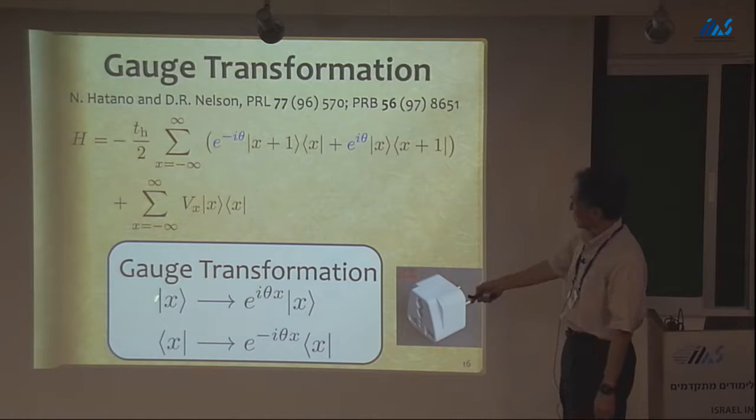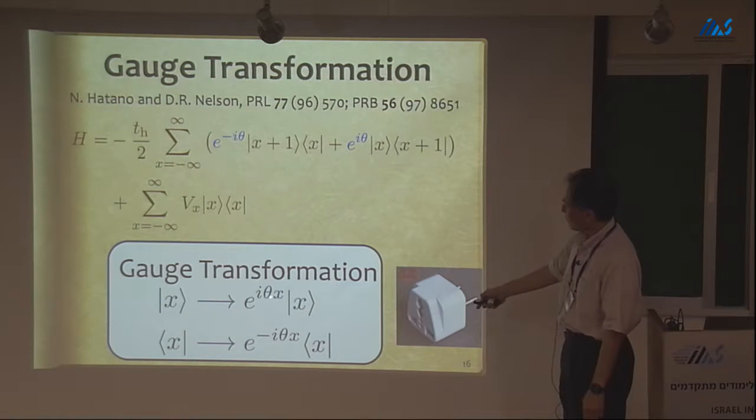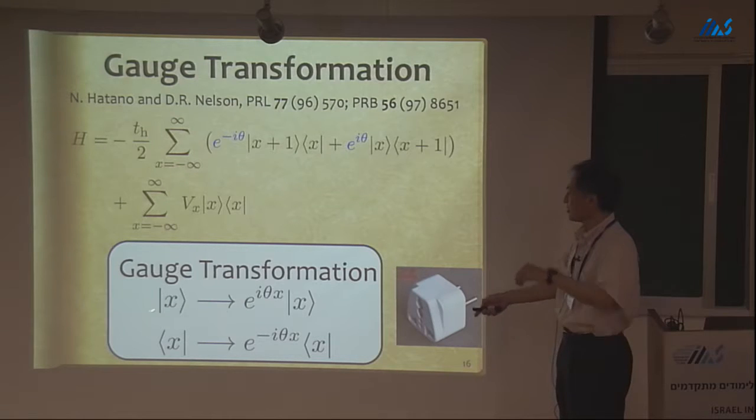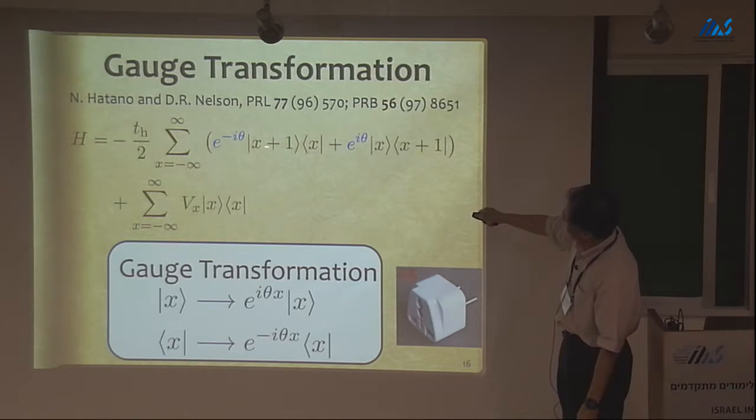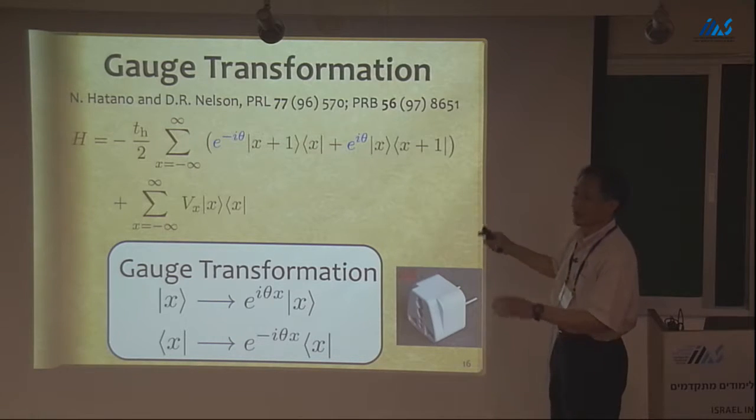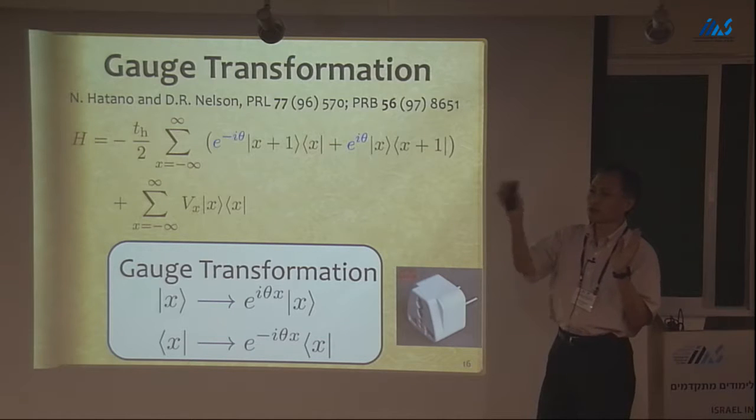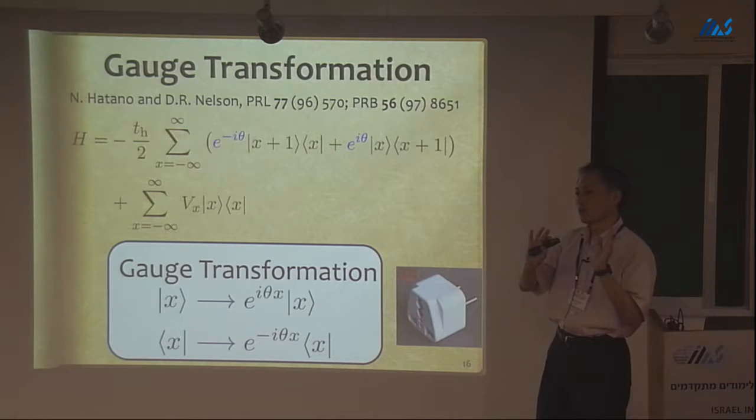I add a phase to this |x⟩, the ket where the particle is on the site x. I add this phase factor, and on this one I add this phase factor. Then, because of the difference between x plus 1 and x, this phase factor is cancelled, and it goes back to the original 1D Anderson model.